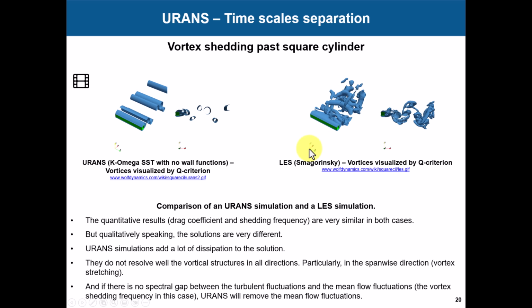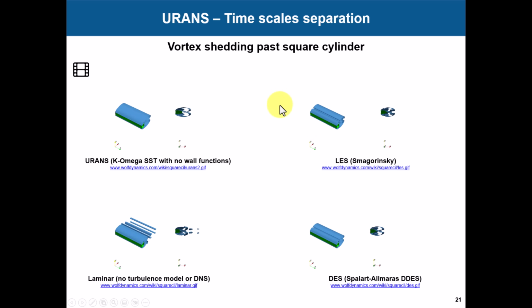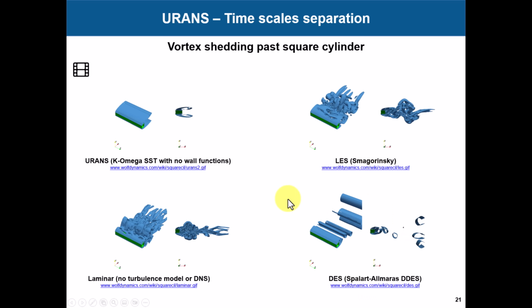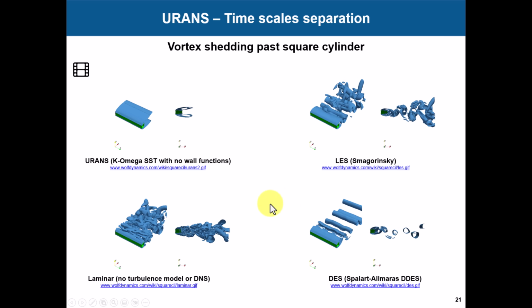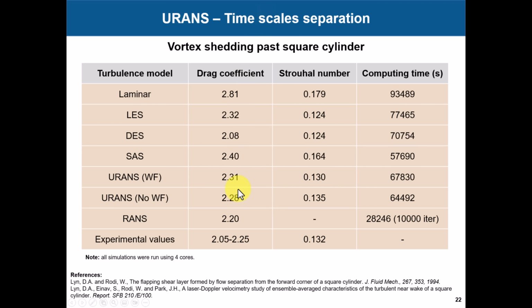Okay. And here we compare all the different methods, laminar, LES, and so on. So pretty much the same, the LES, and there you go. Okay, so nice comparison. But I was talking about this. Be careful about this. The colors can be nice, but then you get integral quantities that are different.